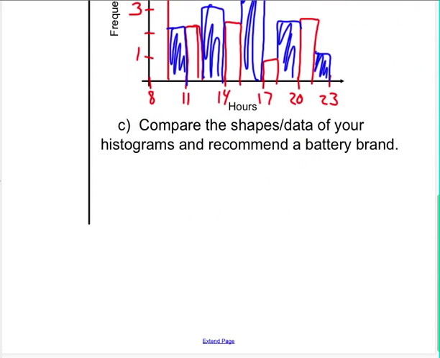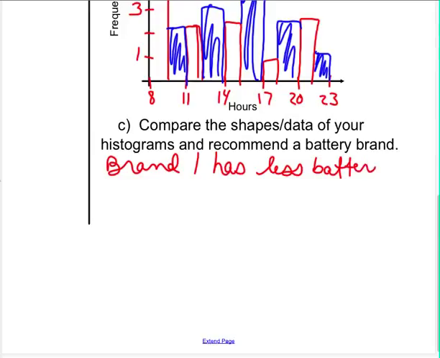If you were going to recommend a battery, I would recommend brand 2, because it looks like a more normal curve and you've got the higher bar in the middle versus on the low end. I would say brand 1 has less battery life in general.